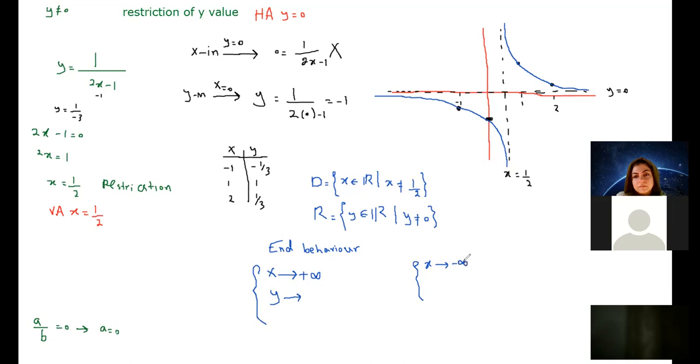Okay, let me explain that. See, when X goes to positive infinity, you have to look at this end, right? When X goes to a very big number, the Y is getting close to what number? 0, right? And this is going to be 0 from the positive side.